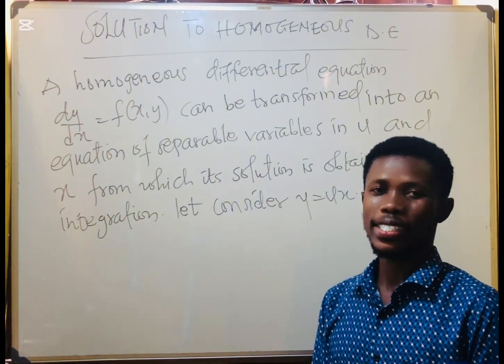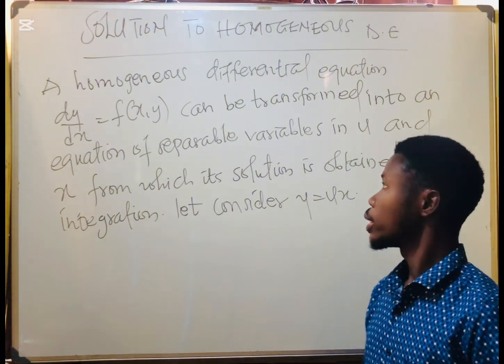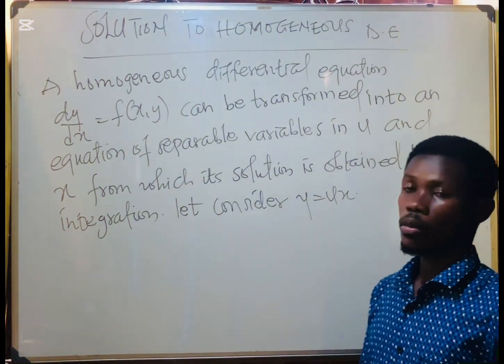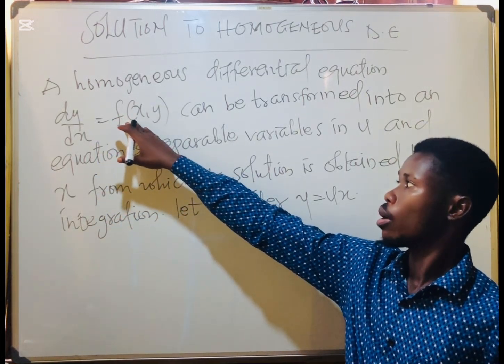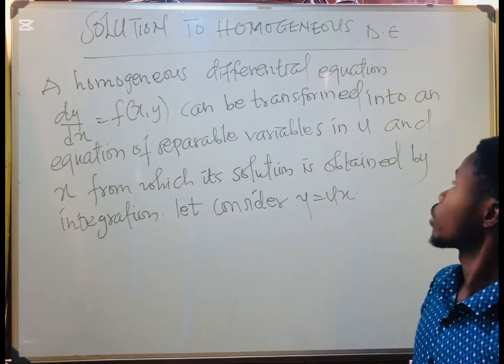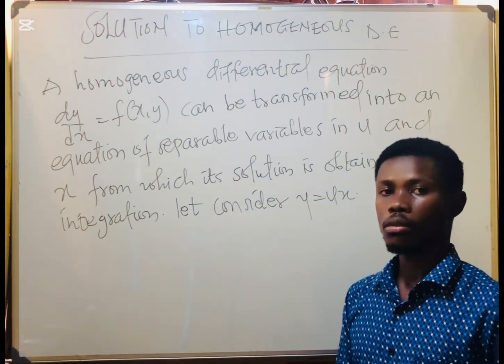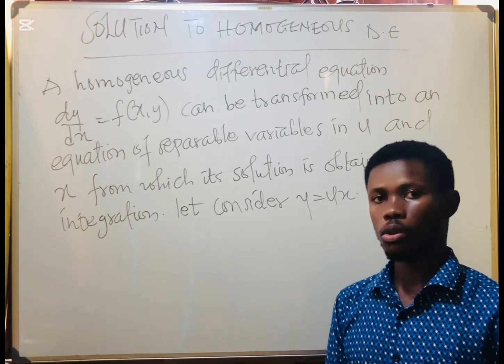Alright, so let's look at the solution to the homogeneous differential equation. We said that a homogeneous differential equation of the form dy/dx equals f of x, y can be transformed into a separable equation. You know that homogeneous functions are not separable.